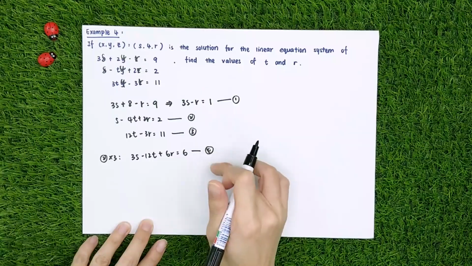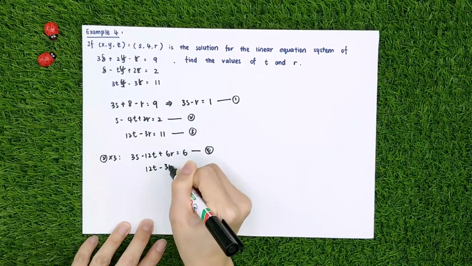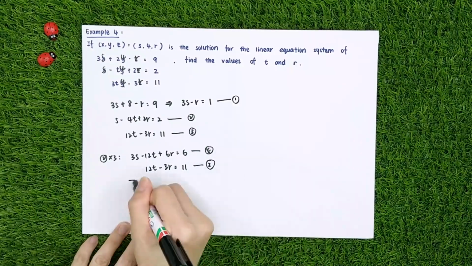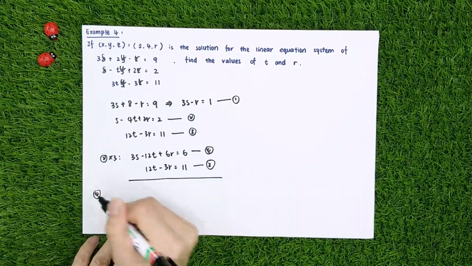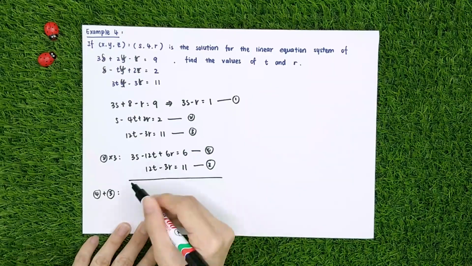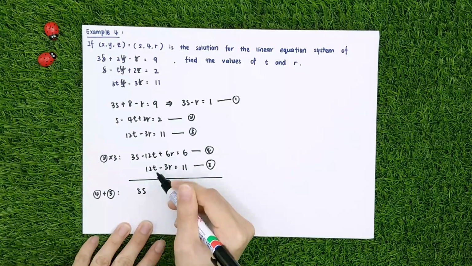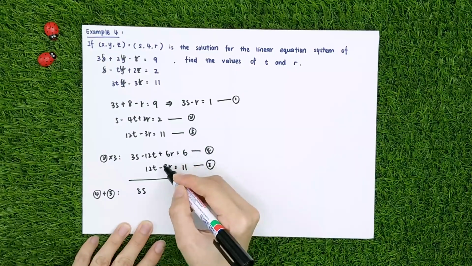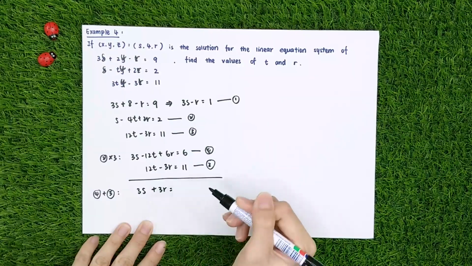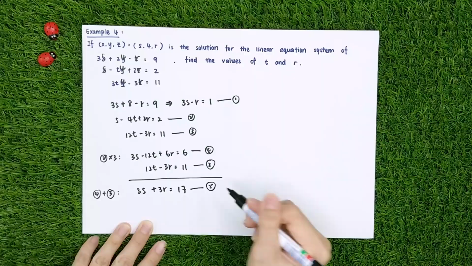Now I move down equation 3 here, so it becomes 12t minus 3r equals 11. I will add my equation 4 and my equation 3. Then you will get 3s, minus 12t plus 12t gives 0, 6r minus 3r gives 3r, equals 17. This is your fifth equation.